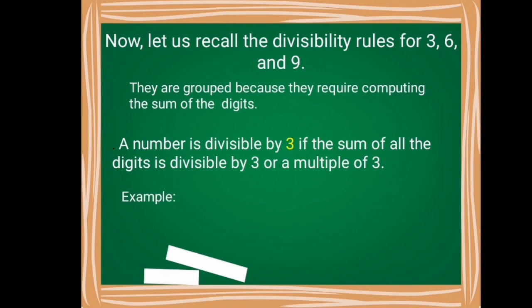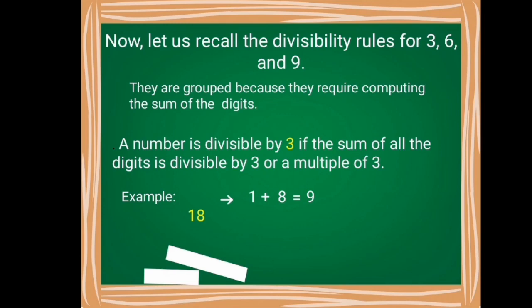Example, 18. Ang digits ng 18 ay 1 at 8. When we add 1 plus 8, we will get a sum of 9. Sabi niya dun sa rule, kapag in-add daw yung mga digits niya, at ang nakuha mo number ay pwedeng i-divide sa 3 or multiple ng 3, yung number daw na yon ay multiple or divisible by 3.